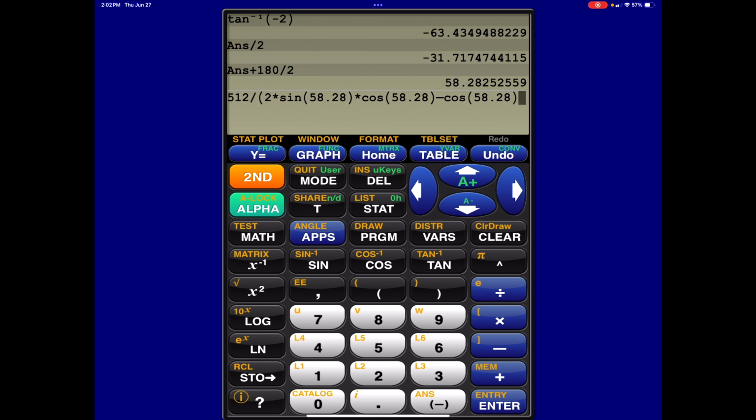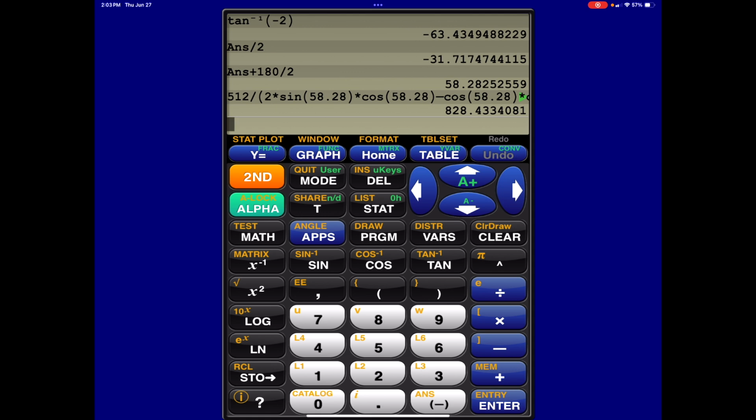And you know what? I'm just going to do times cosine again. I should have put an extra grouping symbol. Cosine 58.28 degrees, and then end our parentheses. That gives me cosine squared.